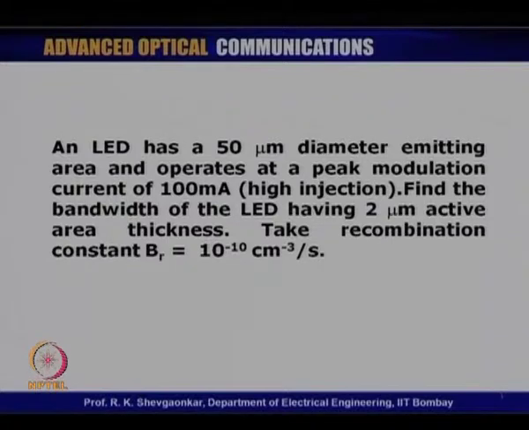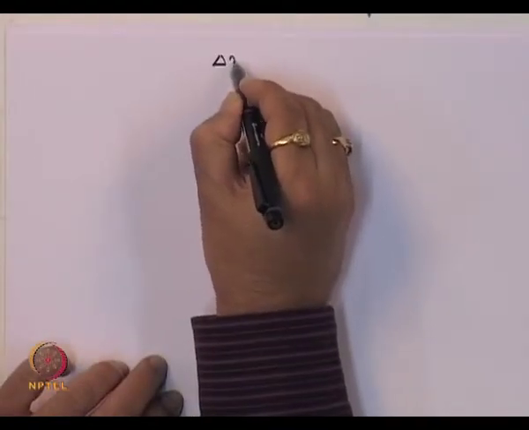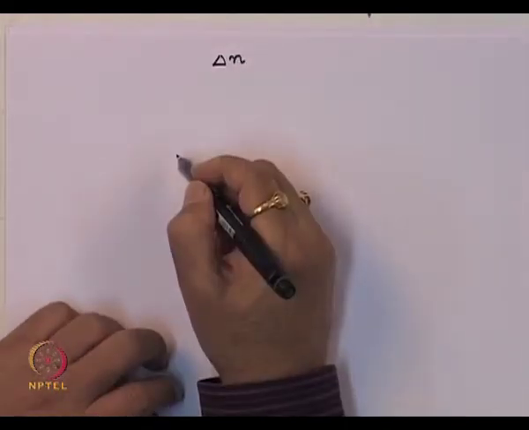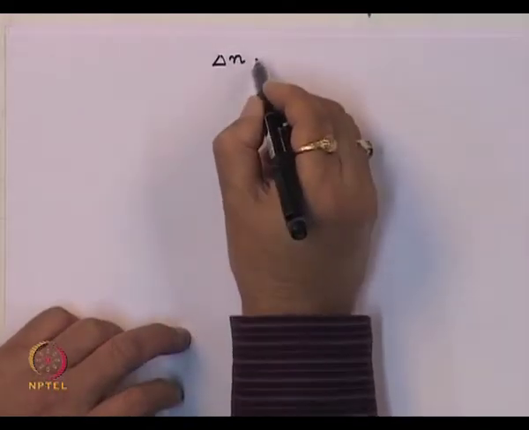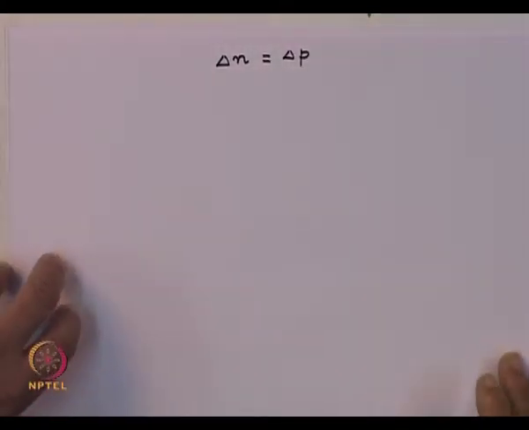So, let us start with the basics of finding out the recombination equation. Let us say inside the LED delta n carriers are injected, and let us say that an equal number of holes are injected. So, delta n is equal to delta p.